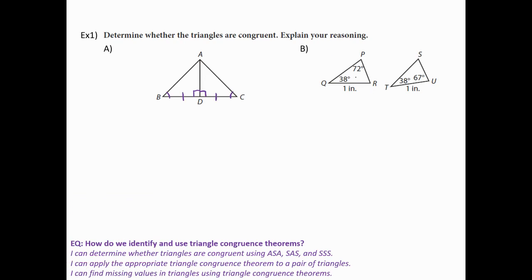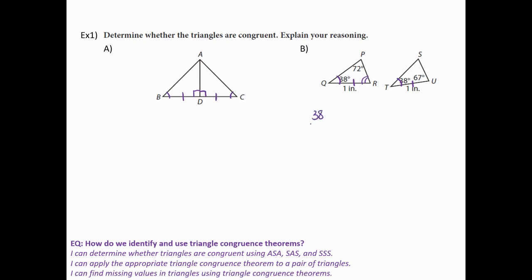So part B, this one, we are given definitely matching sides. We have 1 inch and 1 inch. We have a matching angle, 38 and 38, but here they give us different degrees. That doesn't automatically mean they're not congruent. What we're going to have to do is use some triangle sum theorem here and find that missing angle R. Let's see if we can figure out what that one is.